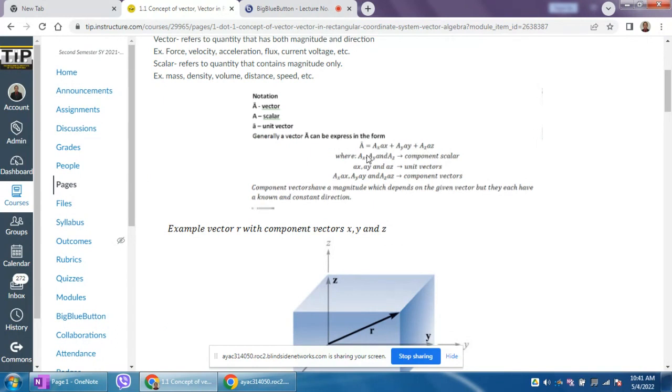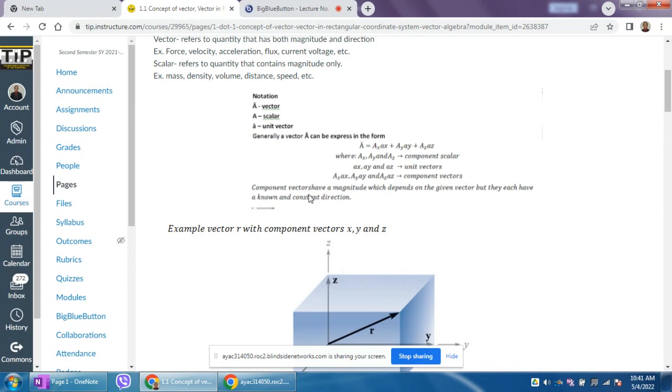So yung capital AX, AY, AZ are known as your component scalars. Yung small ax, ay, and az are our unit vectors. Now, the combination of capital AX and small ax, capital AY and small ay, and capital AZ and small az are known as our component vectors.